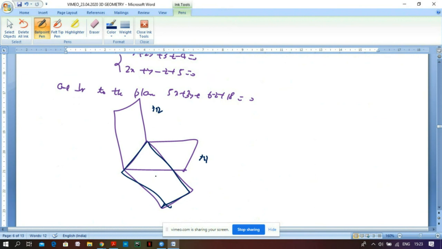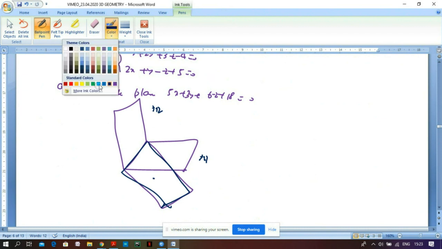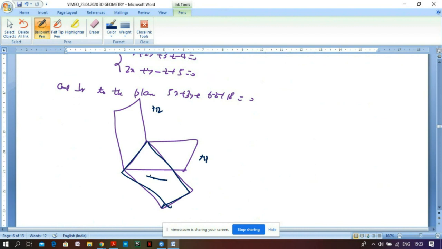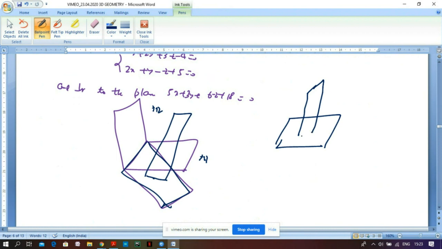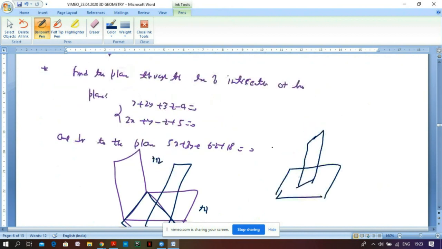There may be some plane like this which is perpendicular to this plane. Of course, they are not all on the same board, so you have to visualize. So the first step would be to write that this is the equation of plane pi1, and this is pi2.